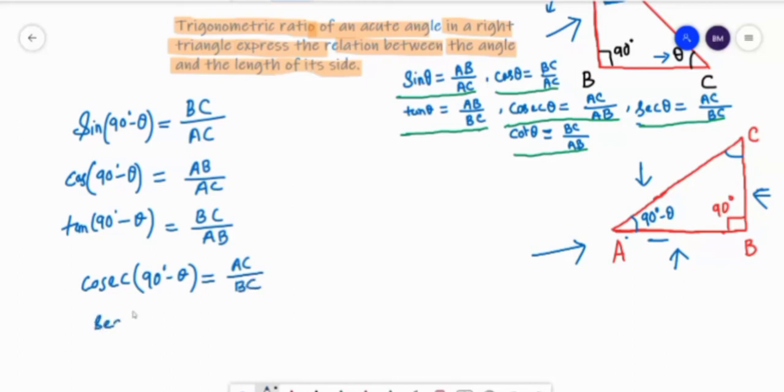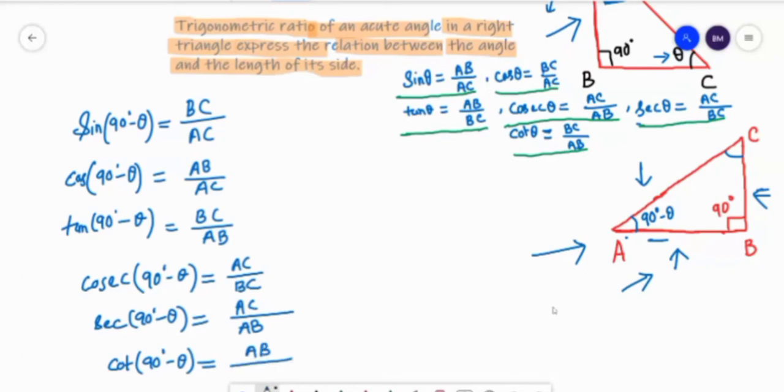Sec of 90 degree minus theta will be AC, the hypotenuse, divided by AB. For this triangle we are calculating. And last, cot of 90 degree minus theta will be the base AB divided by BC, AB by BC.